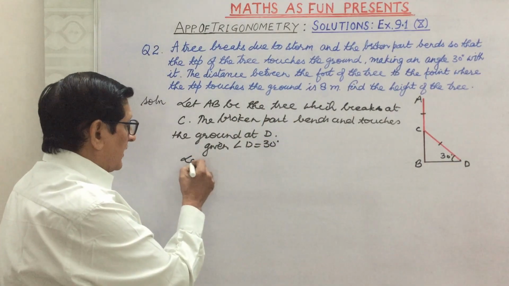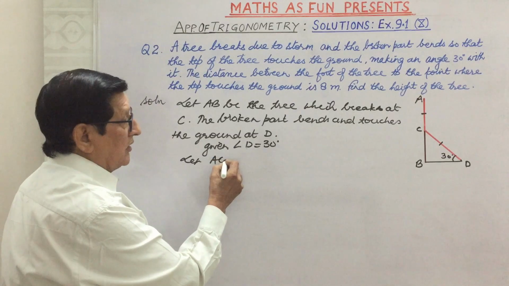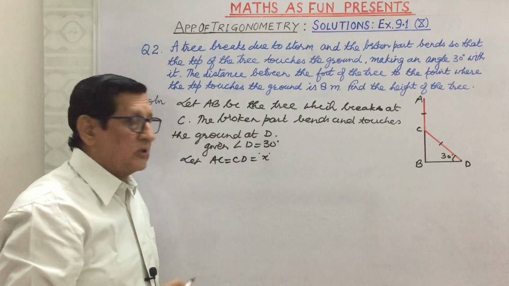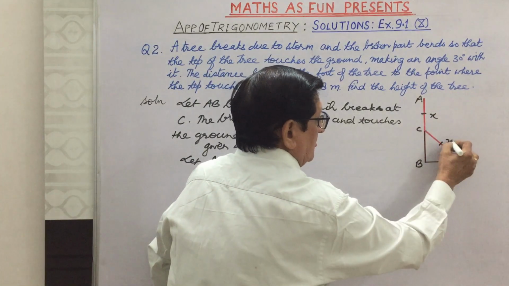Now we can write here, let AC be CD, and that is equal to X, suppose. So this is X and this is also to be X.